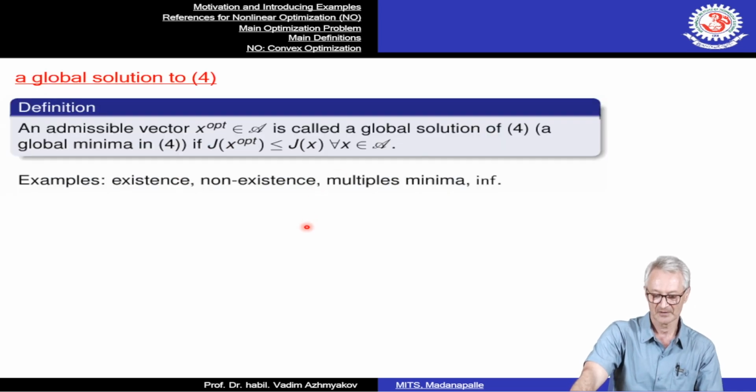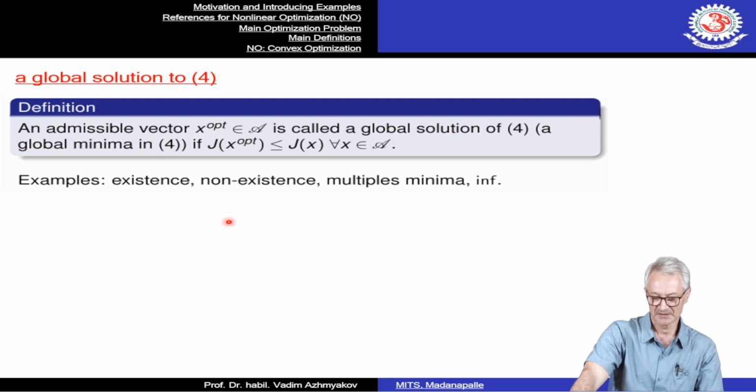If we have a local solution, we of course can introduce a global solution if we eliminate the neighborhood. In this case, we have the same inequality related to x optimal, but this inequality is valid for the full restriction area calligraphic A, for the full admissible set A.